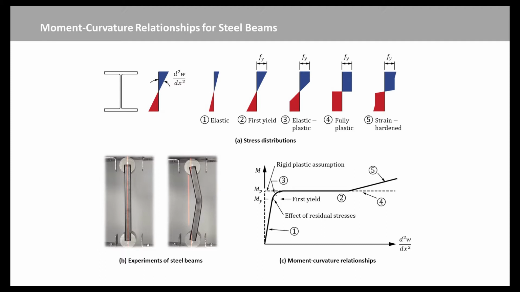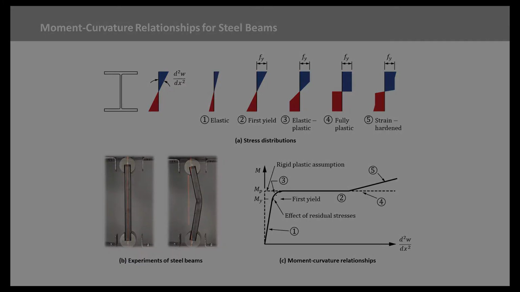The moment Mp at which this occurs is somewhat higher than the first yield moment My at which elastic behavior nominally ceases, as shown in this figure. In this video, for the sake of simplicity, statically determinate beams will be focused on.